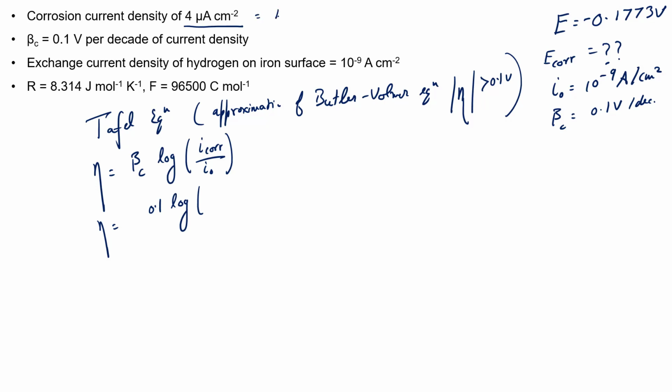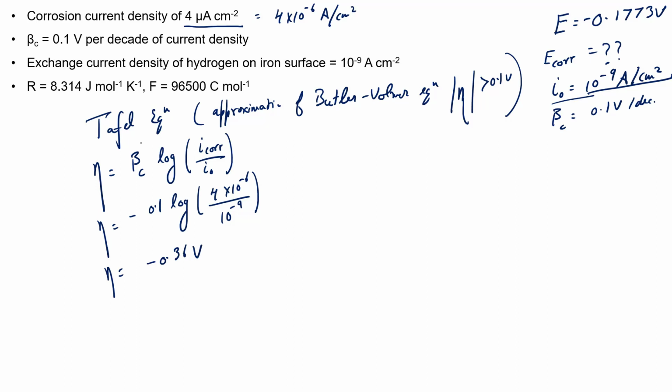It can also be written as 4 into 10 raised to power minus 6 ampere per centimeter square, upon the exchange current density, which is 10 raised to power minus 9 ampere per centimeter square. Okay. And it is treated as a negative expression. So upon simplification we will get minus 0.36 volt.